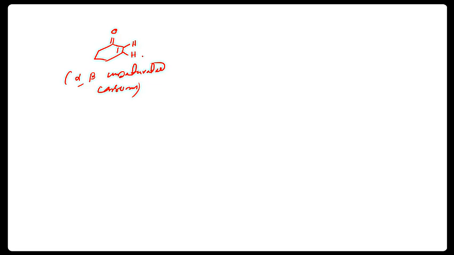If this is an alkene, we would expect the peak around 5. But see what happens. You know that if we have an alpha beta unsaturated carbonyl compound, this kind of delocalization exists. As a result, minus, this is plus.